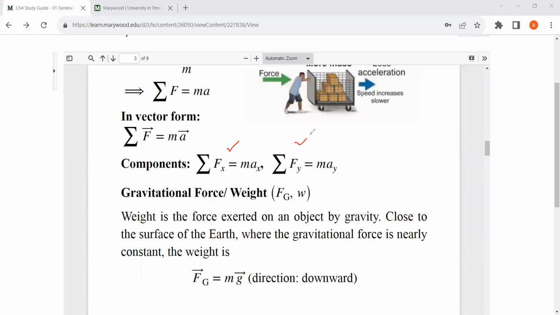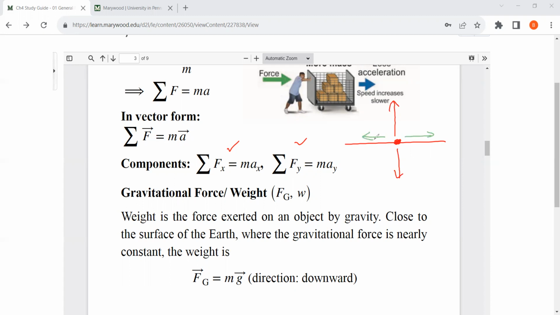So Fx equals max, and Fy equals may. In any problem, let's say we have an object. Let's say one force is in this direction, one force is in this direction, one force is in this direction, and one force is in this direction.